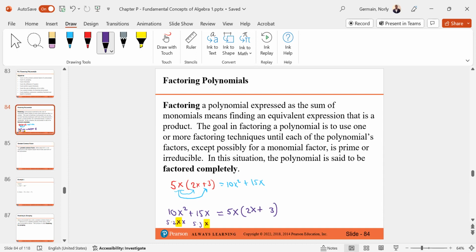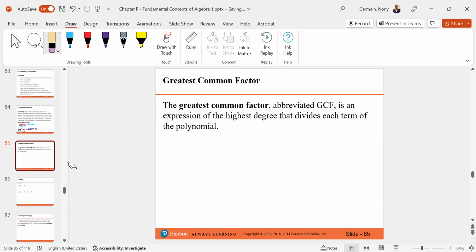What we're going to do in these sections is, if you have polynomials, we must factor them completely. That means there is no common factor remaining between the terms, so now we are certain we factored this polynomial completely. In any factoring problem, the first step is to look for the greatest common factor, abbreviated GCF.